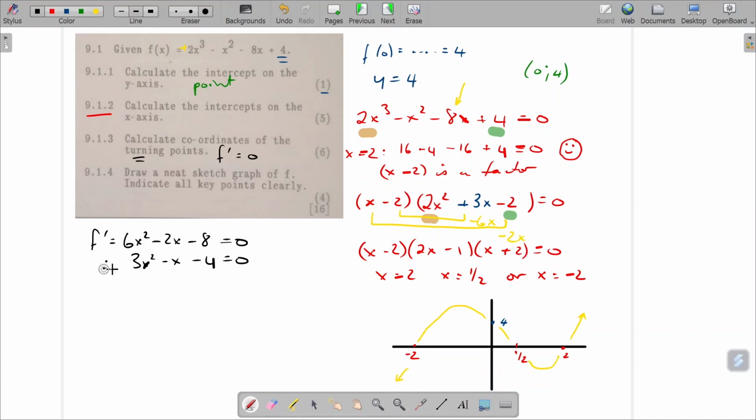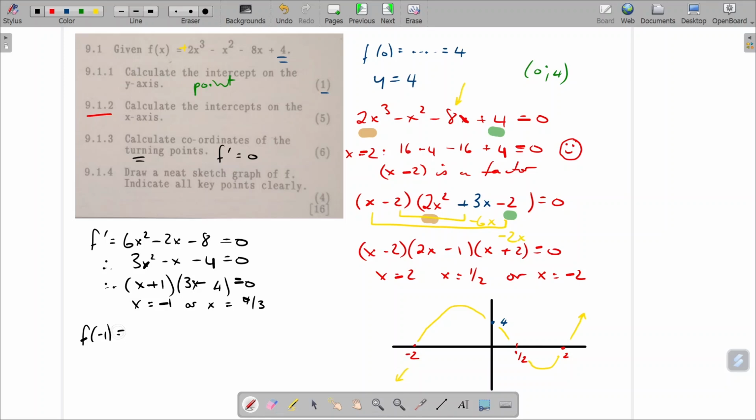So our factors are x and 1, 3 and 4, and we're going to have positive x and minus 4. So we left our x out here. And as a result, we know that x equals minus 1 or x equals 4/3. Okay, we then need to find y values, so we substitute into the original function.